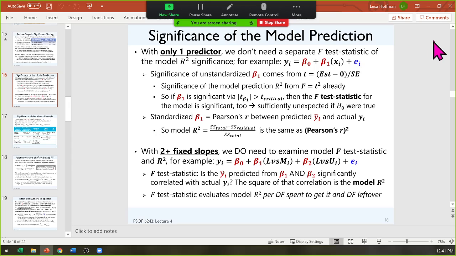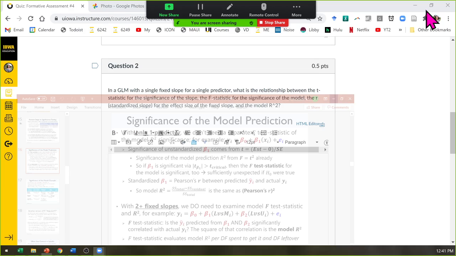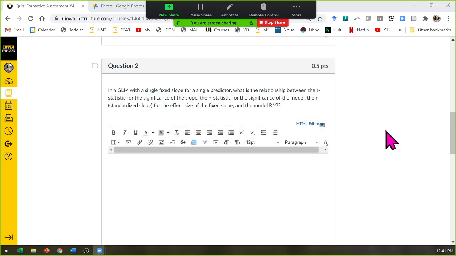What I'm looking for you to recognize is that if you only have one slope in the model, that would happen if you are specifying a linear effect of your X predictor on your Y outcome, or if you have a binary X predictor, so there's only two groups and only one mean difference between the two groups, one slope.